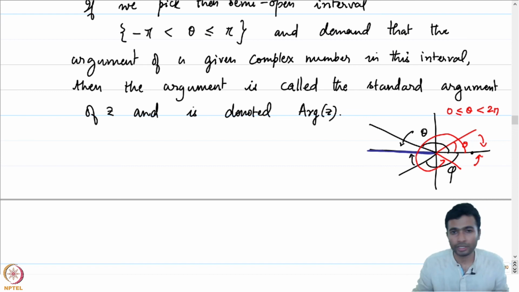There will be a discontinuity on the positive real axis. So there is no way of totally avoiding a discontinuity. You can shift, however, the discontinuity from one line to another. Maybe I should stop here.